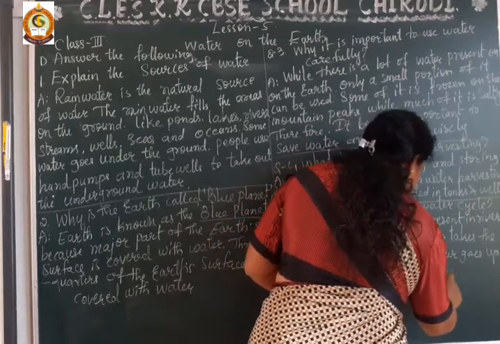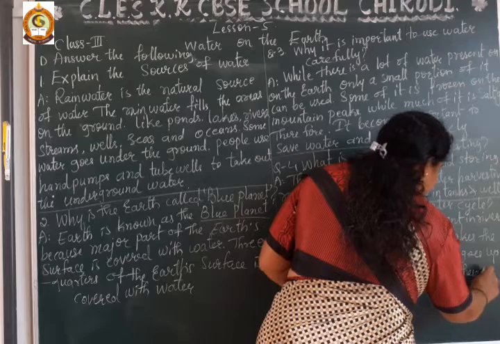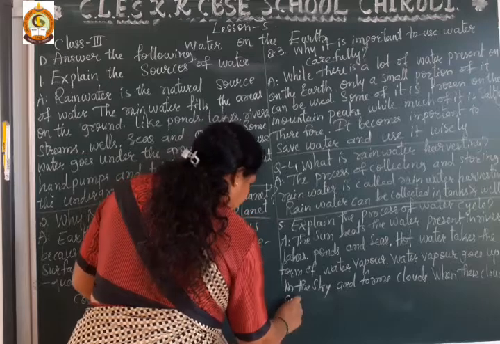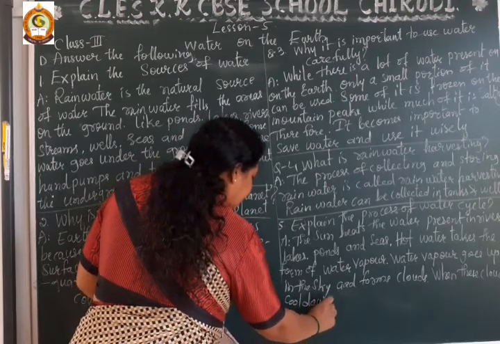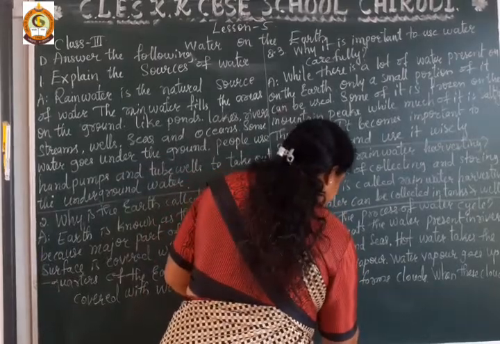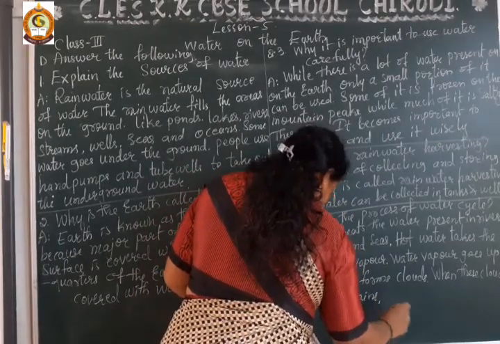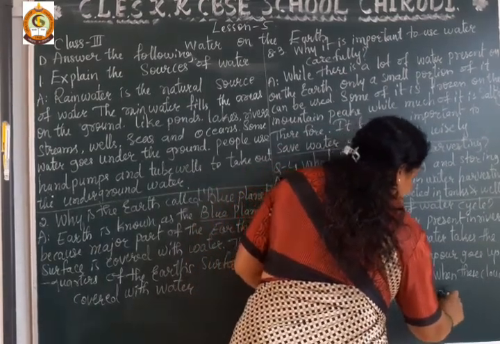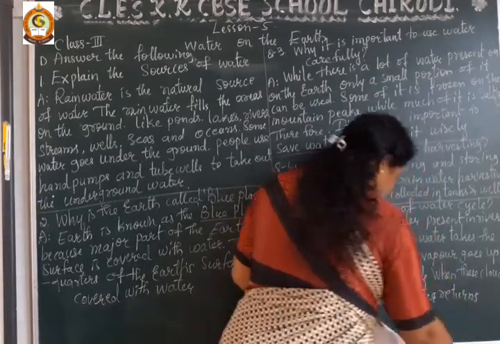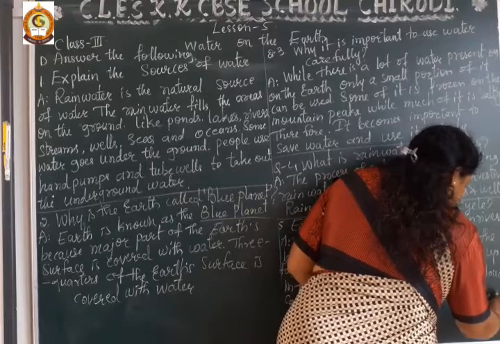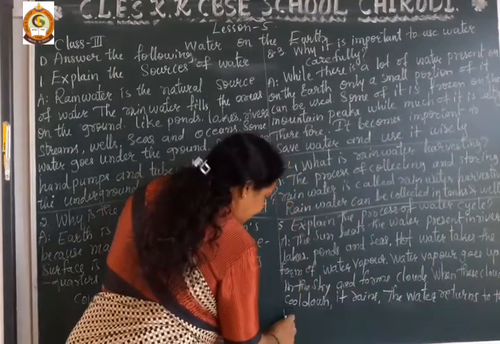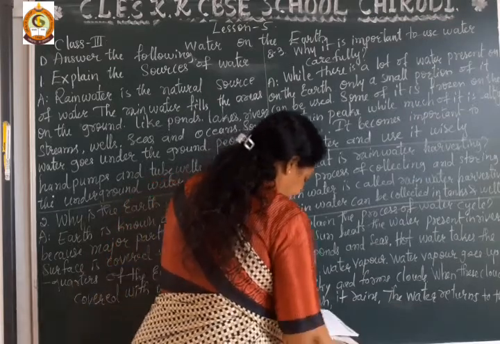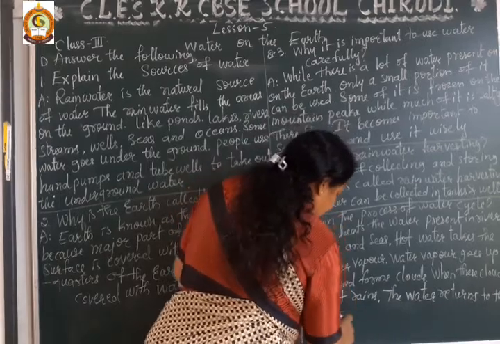When these clouds cool down, it rains. The water returns to the water bodies on the ground.